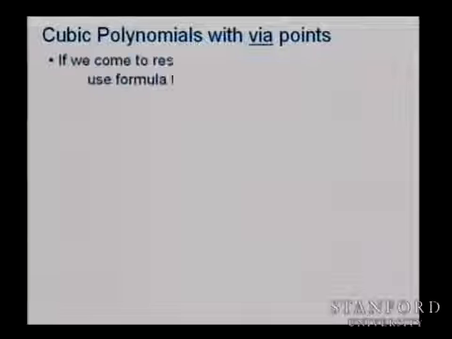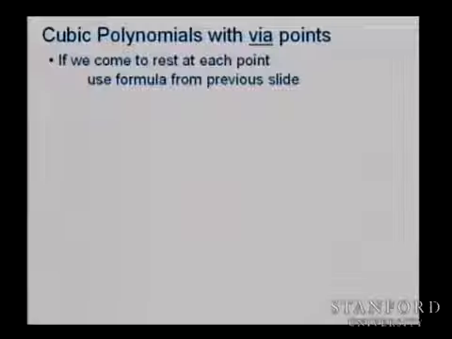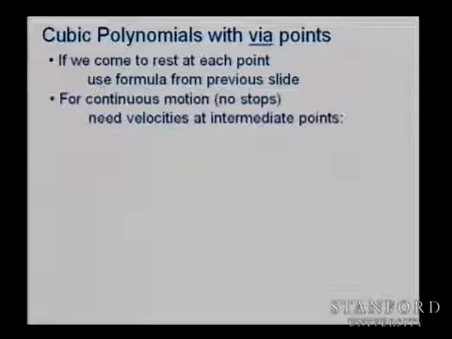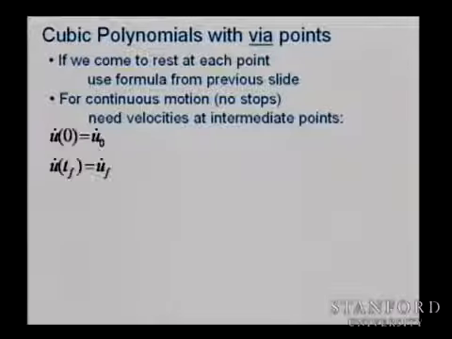Now, if we are using intermediate points, then at the intermediate points in the middle, we don't want to stop. So we don't want the velocity there to be 0, right? So for continuous motion with no stops, we need velocities at the intermediate points. So at time 0, the velocity will be some value, u sub 0 dot, and at time tf will be some other value.